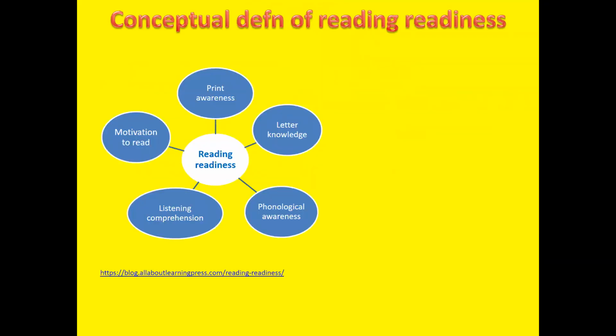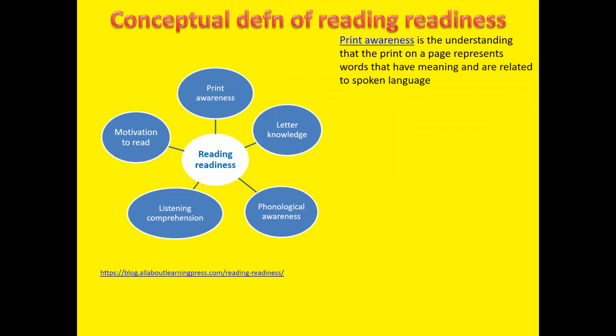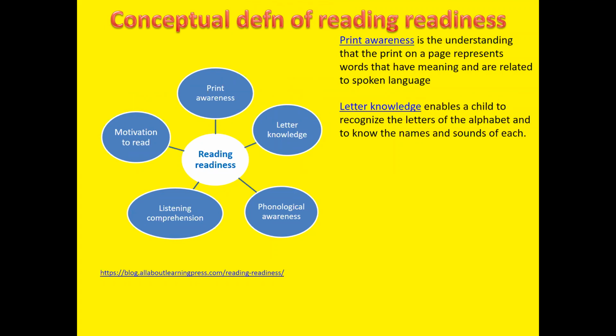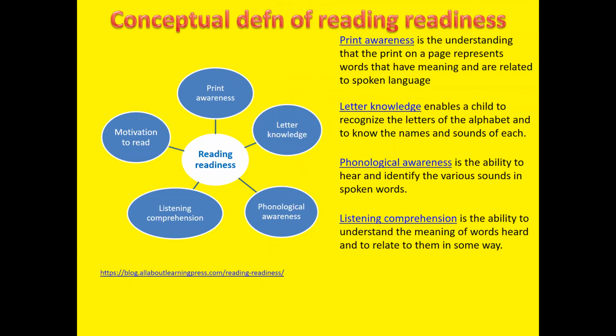This one, of course, is the conceptual definition. It hasn't gone to definition yet, but it gives you the constructs 1, 2, 3, 4, 5. 5 stages of reading readiness. And this is the conceptual definition for print awareness, for letter knowledge, for phonological awareness, for listening comprehension, and for motivation to read.